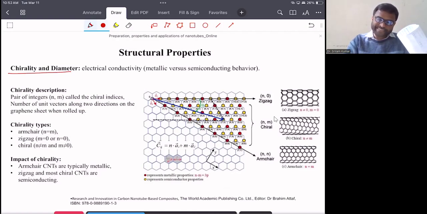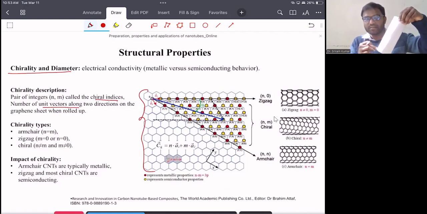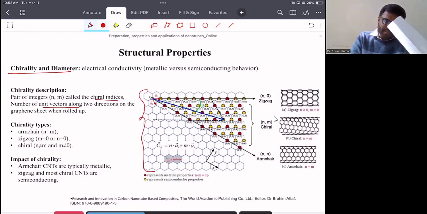I am not going into details about these vectors, that is the unit vectors and integers here. But in simple language, if you fold graphene to make CNT, based on the kind of connections here, we have three different kinds of chirality: the armchair type of CNT, the zigzag, or the chiral CNT.